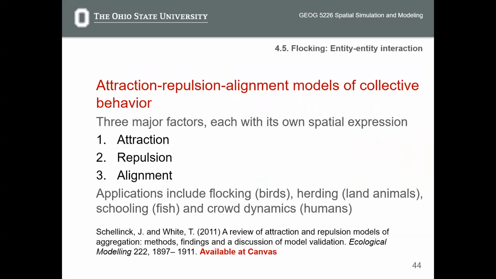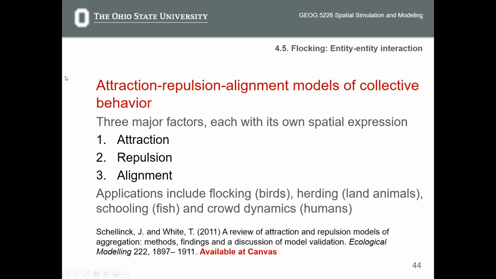And attraction, repulsion, alignment models of collective behavior. So obviously this is beyond flocking. Okay, this model, this abstraction of a real world system, attraction, repulsion, alignment system, can be used to address movements of a lot of things: pedestrians, birds, of course, maybe a school of fish, maybe just some animals living together in nature, right?